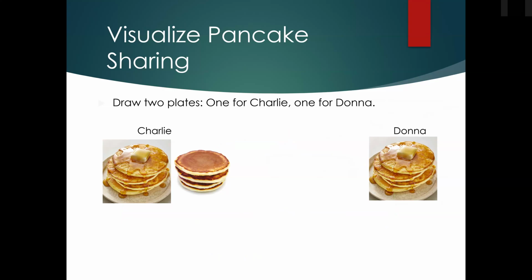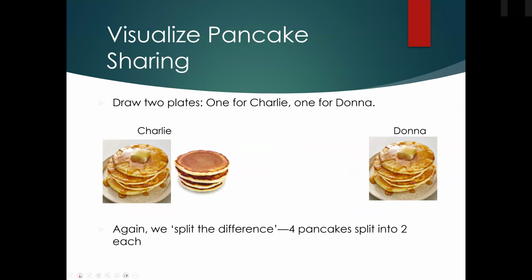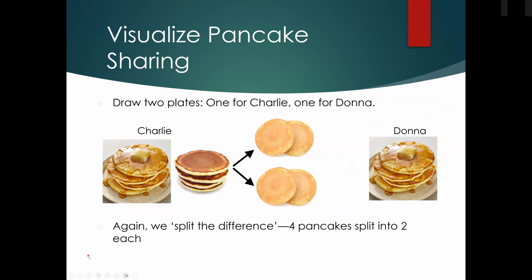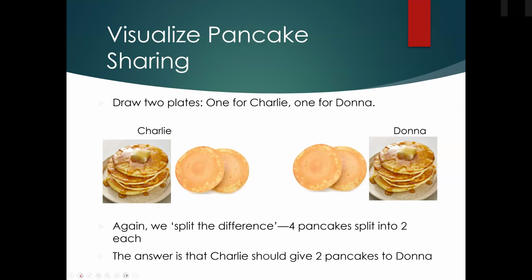Okay, and let's check the solution. Yep, so we split the difference, so 4 into 2 equal parts is 2. We give 2 to Donna.